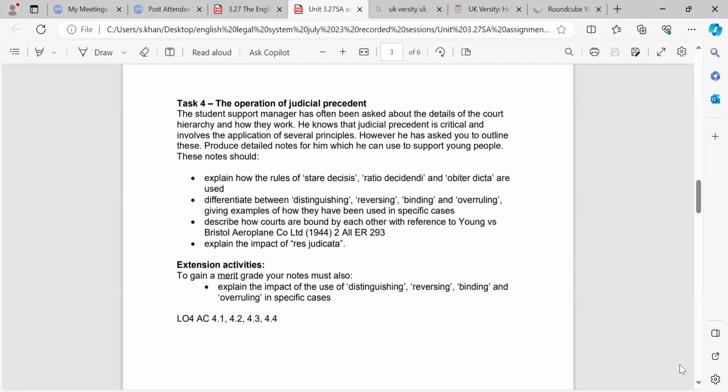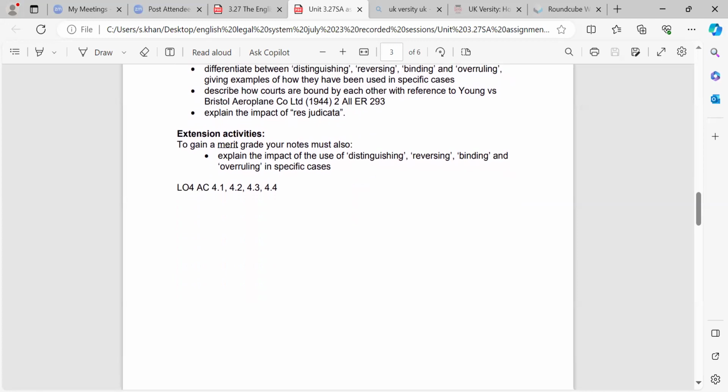If you want to gain a merit and do the extension activities, your notes must also include explaining the impact of the use of distinguishing, reversing, binding, and overruling in specific cases. That would be your heading, to achieve the merit criteria.